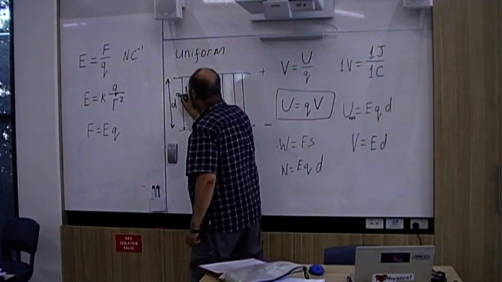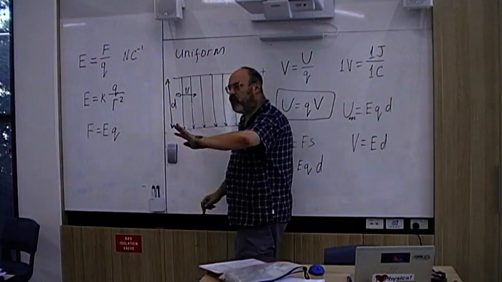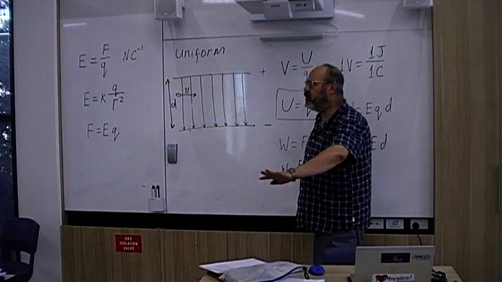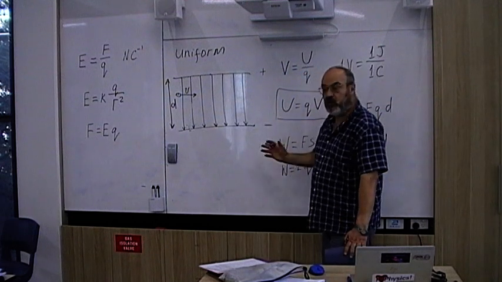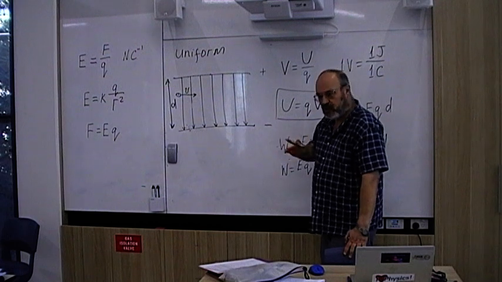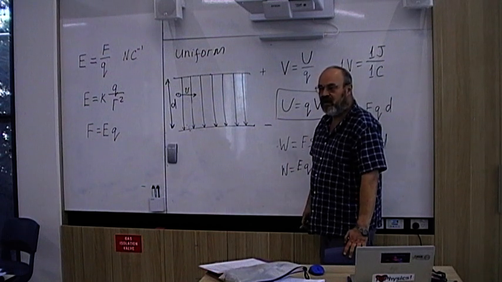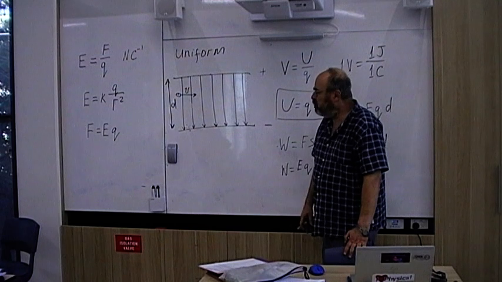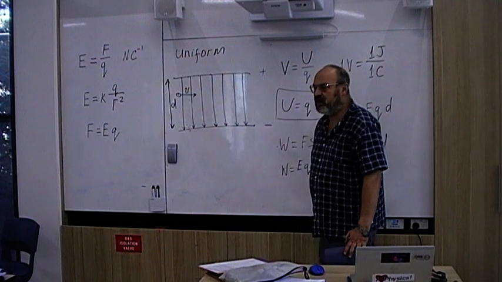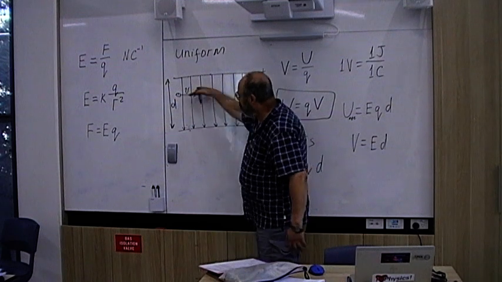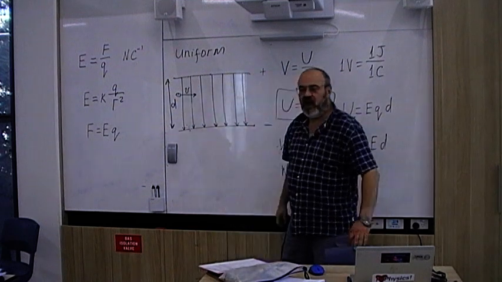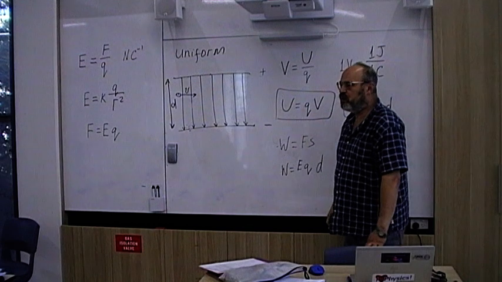Let's forget about gravity, because gravity is so much weaker than the electric field. There will be questions where you will be told that you need to consider gravity, but let's consider only the electric field. If we fire the electron horizontally with the speed v, how will it move? What kind of motion will it be?